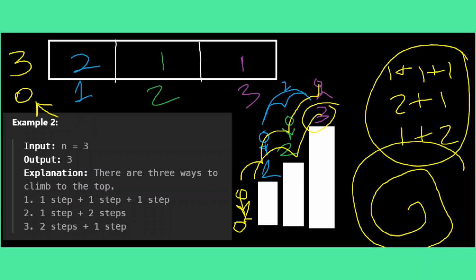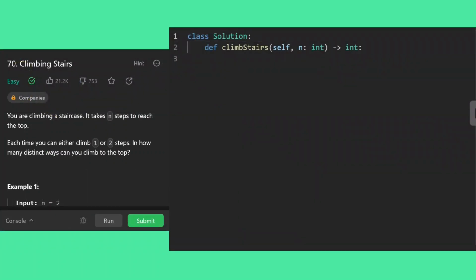So let's go code. As you can see here, there are some questions where you can just go to the example and try to understand what exactly is the best solution. And in this way, we were able to easily determine that we just need to create a Fibonacci series.